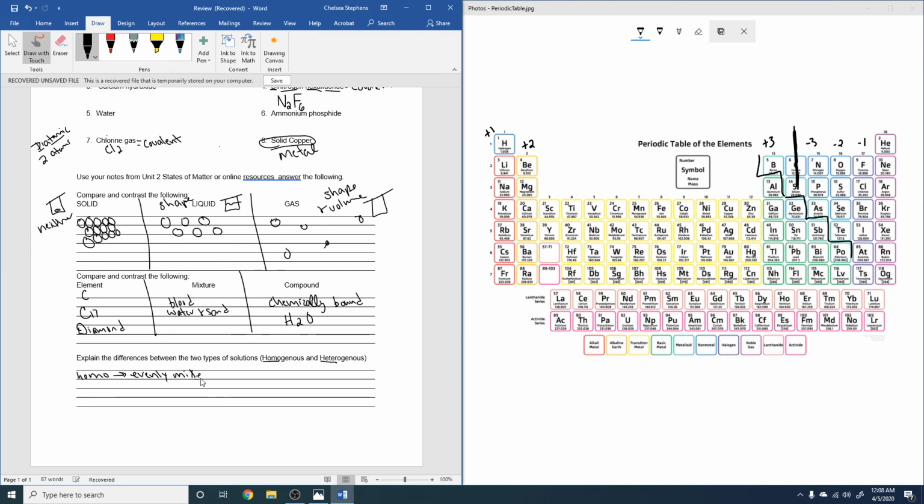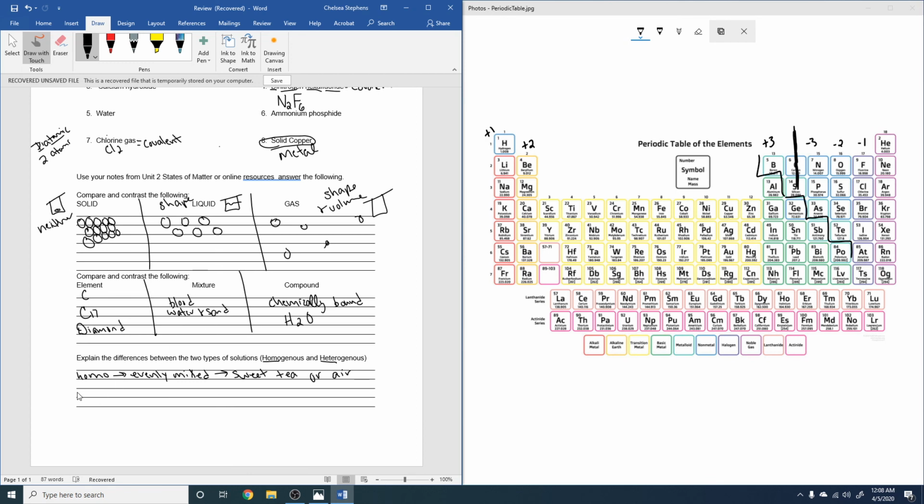And a common, well-known example of this one is sweet tea. By evenly mixed, I mean like assuming there's not a pound of sugar at the bottom. Okay. So all of the tea should be the same sweetness. Or air, okay? Most air consists of the same percentage of elements.